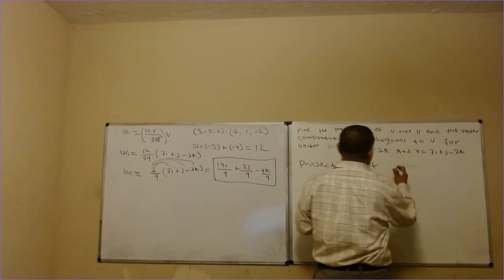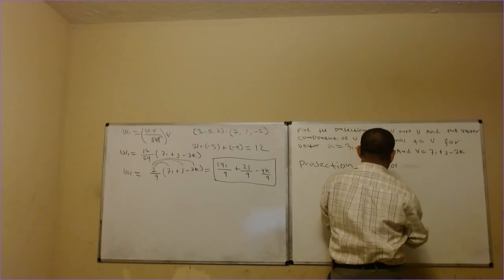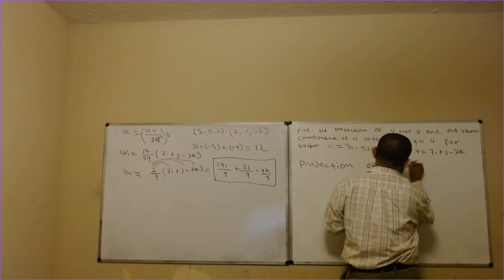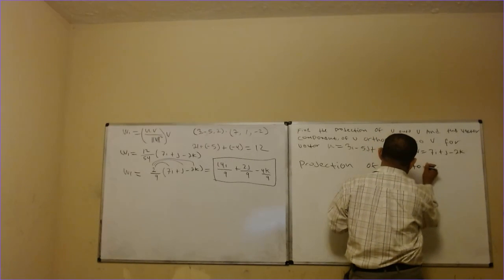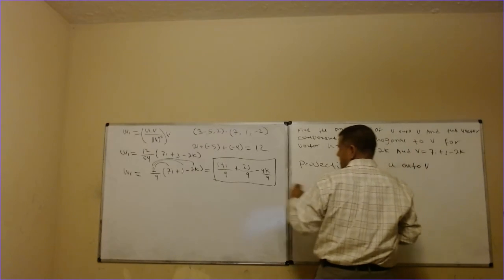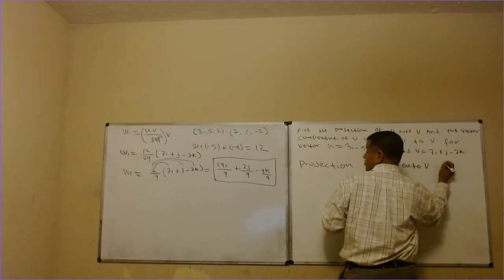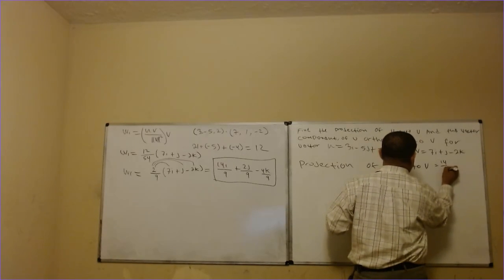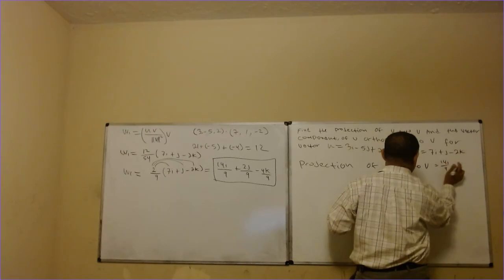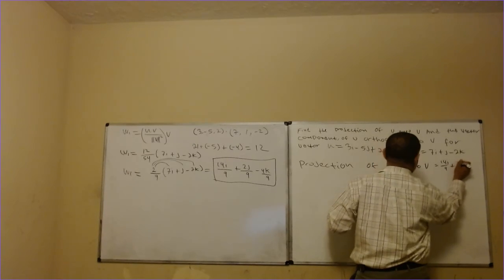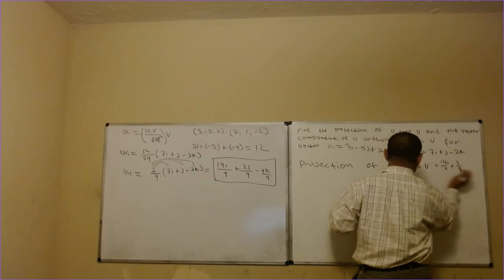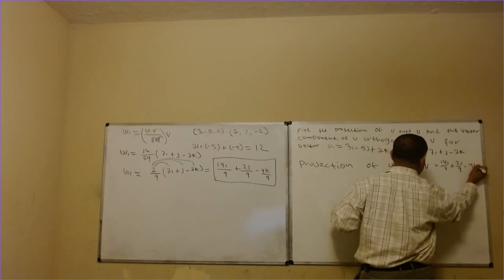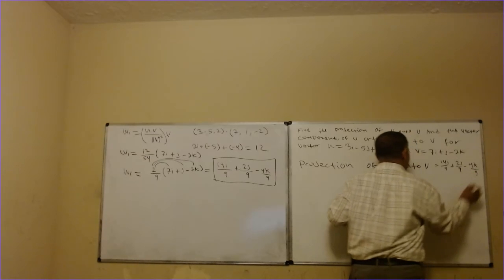Projection of U onto V is equal to what? It is equal to 14i over 9 plus 2j over 9 minus 4k over 9.